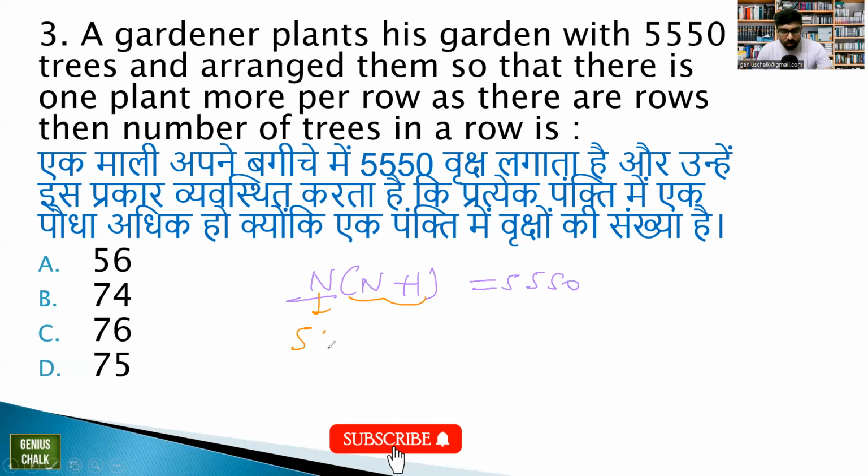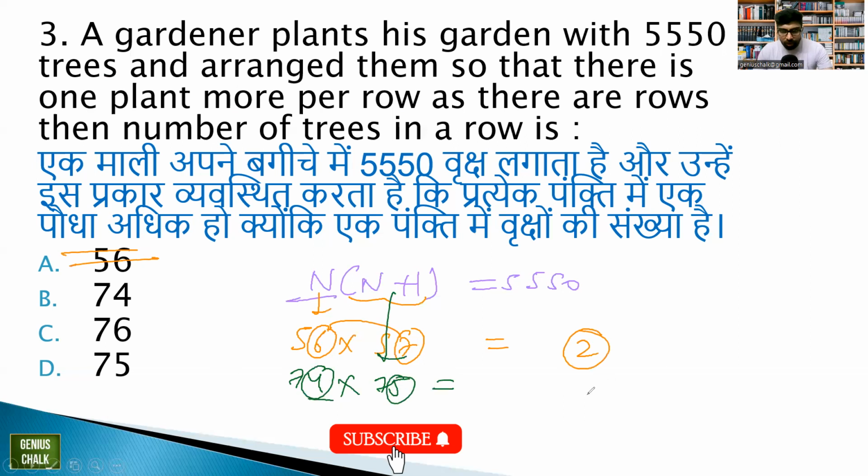If I put the first option, it is 56 into 57. You just observe the unit digit. 6 sevens are 42. The last digit should be 0, and 2 is not possible. So I would cancel this option. Second, if I take 74, then the number of plants is 75. This could be possible because 4 and 5 give a last digit of 0. So this could be the probable answer.